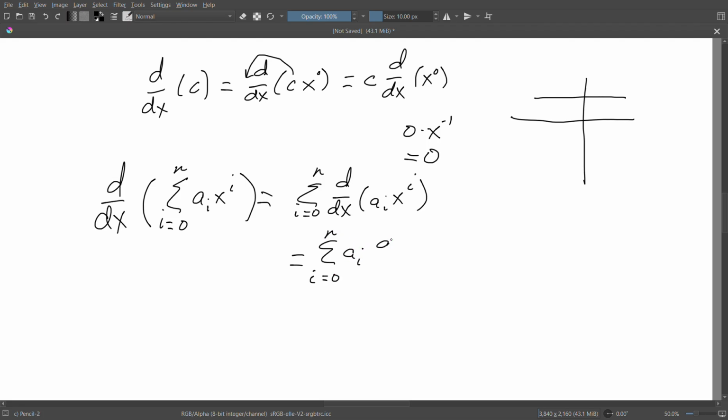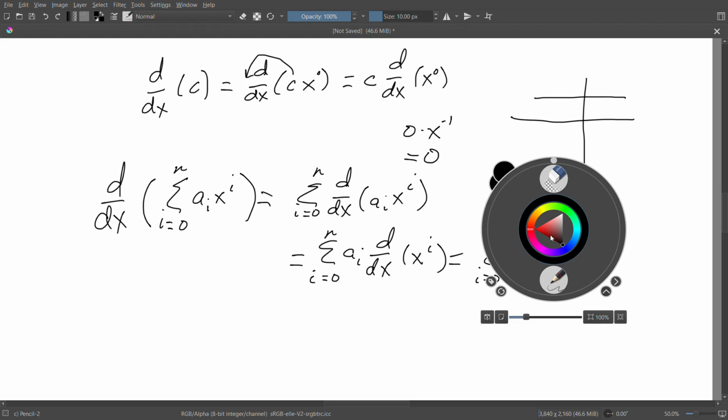So then this is going to be equal to the sum from i equals 0 to n of a_i times the derivative of x to the i. And then this is going to be the sum of a_i times i times x to the i minus 1.